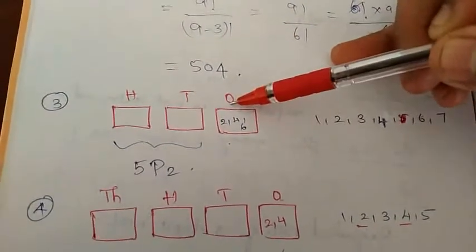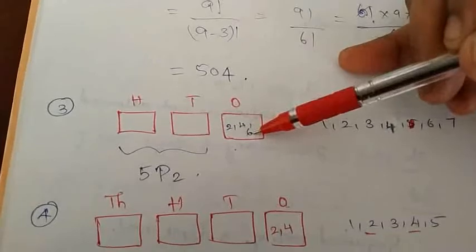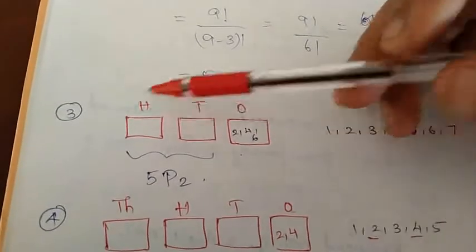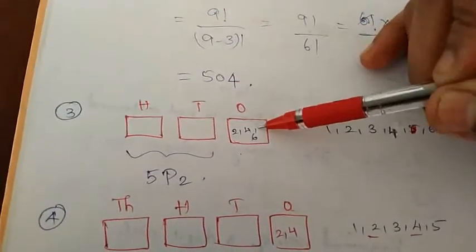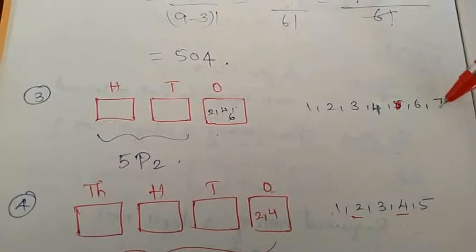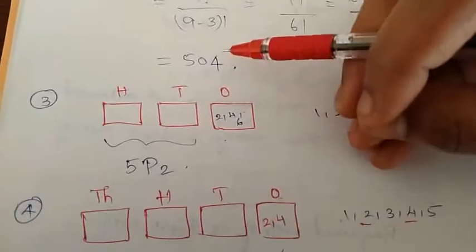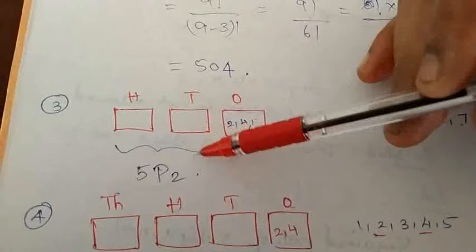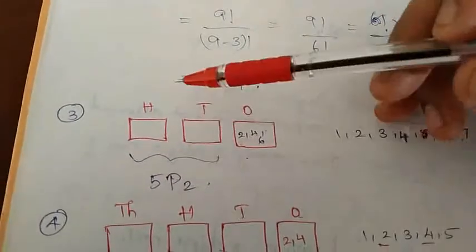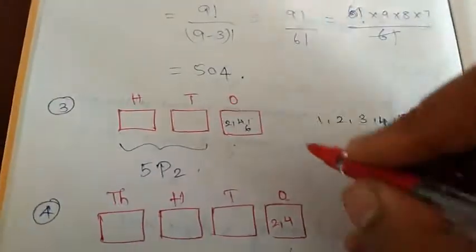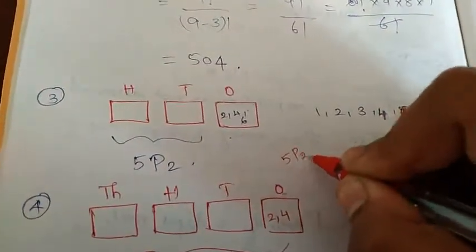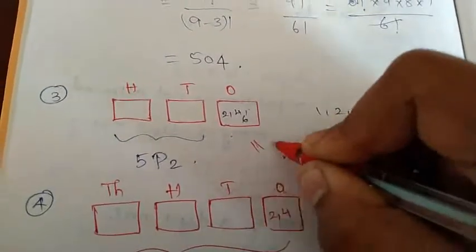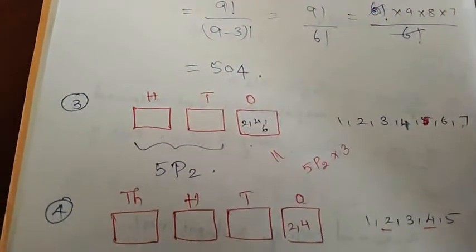So the units place can be occupied by 3 numbers, 3 chances are there, and for the hundreds and tens places, one number has been fixed out of these 6 numbers, so the remaining 5 chances are there. Out of 5 we have to take 2, so this is nothing but 5P2. So the total number of possibilities is 5P2 into 3.